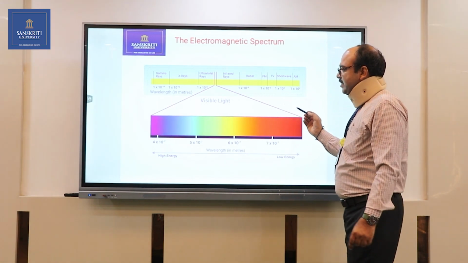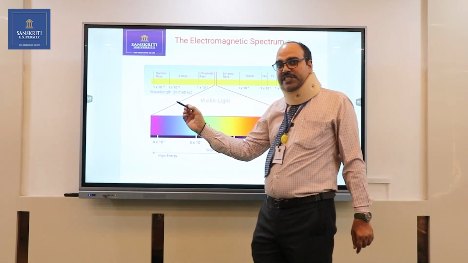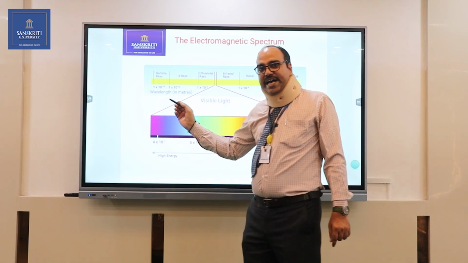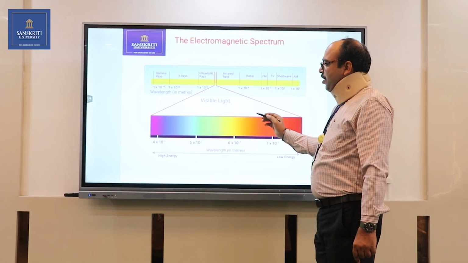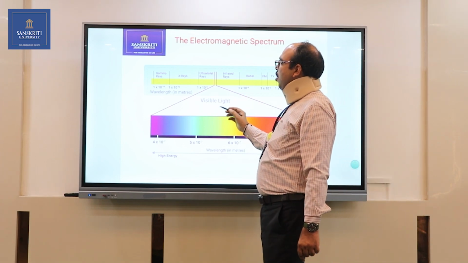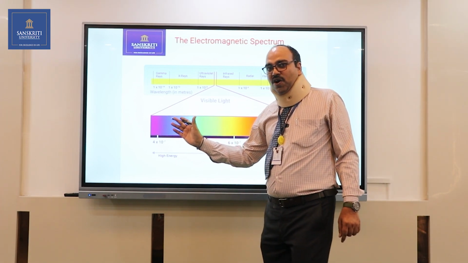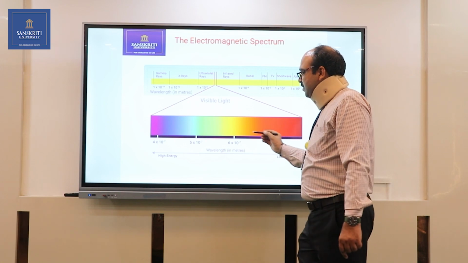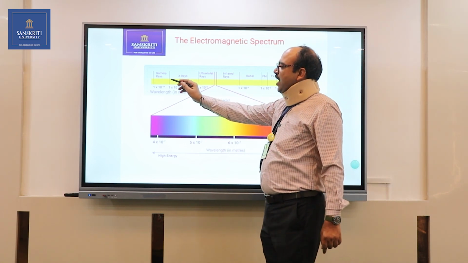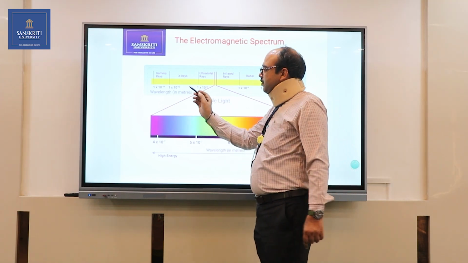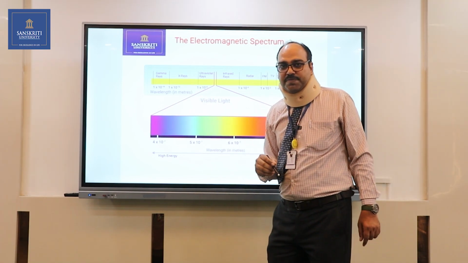The electromagnetic spectrum is the arrangement of different radiations as per their wavelength and frequency, or you can say the arrangement of the radiations as per their energy levels. First we see the gamma rays; before gamma rays there are the cosmic rays.